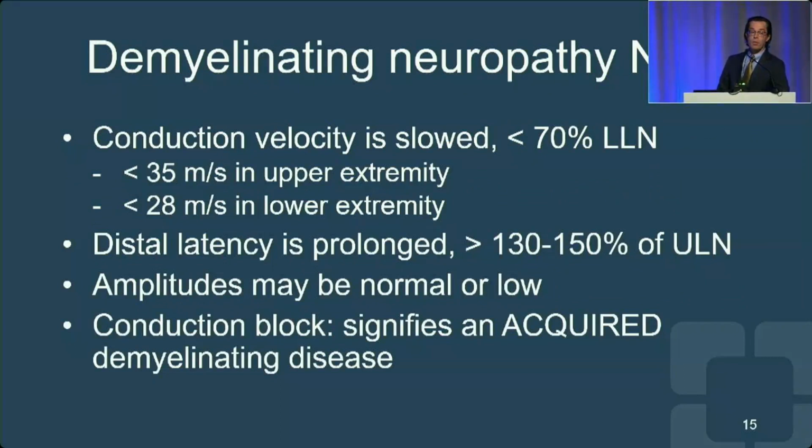Amplitudes may be normal or low. Oftentimes in demyelinating neuropathies, there is axon loss as well, so it's not unusual to see amplitude drops. And then conduction block is another important finding that usually signifies that somebody has an acquired neuropathy that's demyelinating.